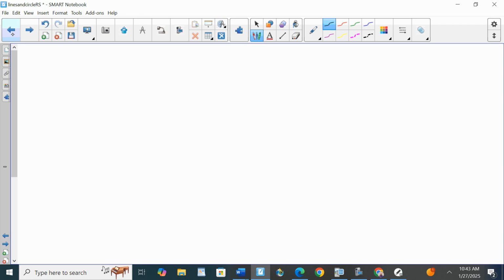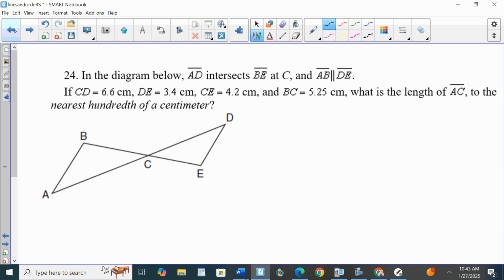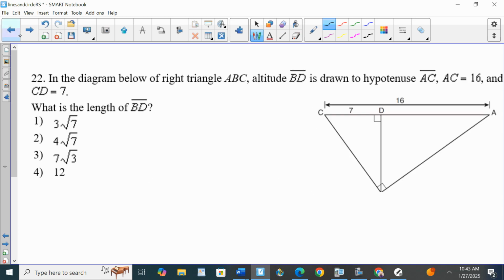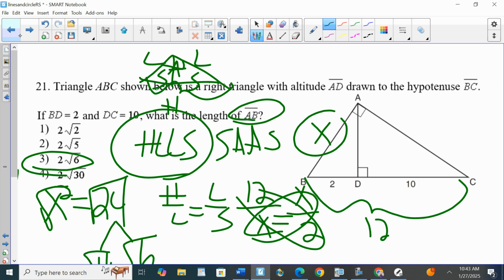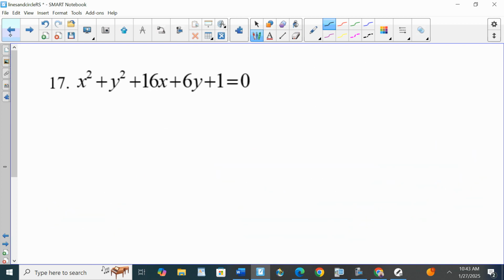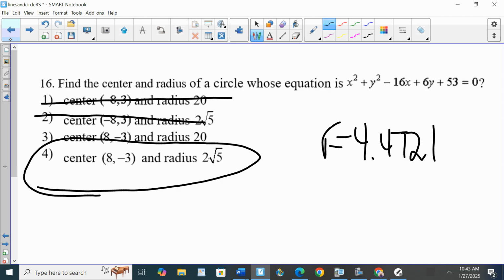That's it. So your 3 review questions: bow tie problems, the corresponding sides are on the same diagonal; Hill-Safs; SOHCAHTOA; and then equations of circles. You have to be able to put it into center radius form using either the Conics app or completing the square.